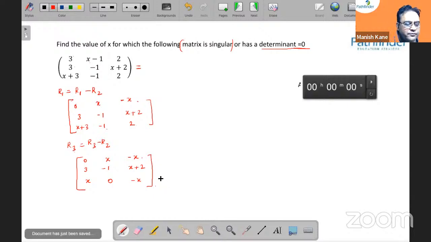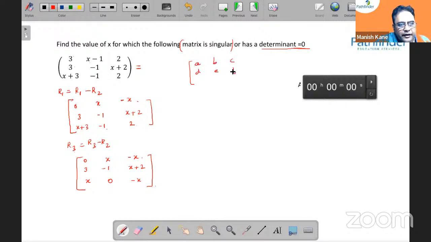Now we have no choice but to open this particular determinant, find the determinant over here. And how do you find the determinant? I hope you all remember how to find the determinant. A, B, C, D, E, F, G, H, I. So what do you do?